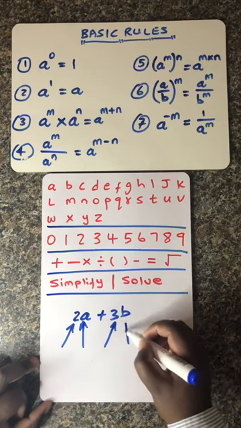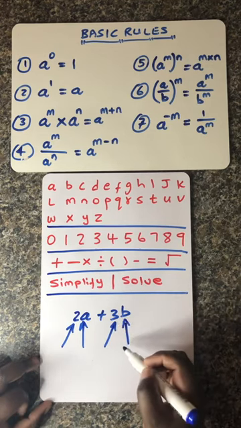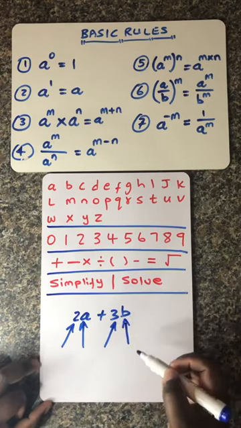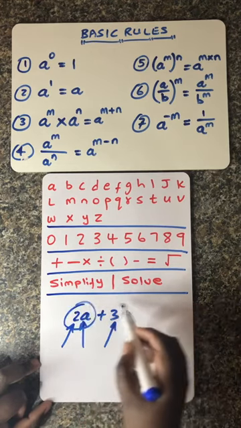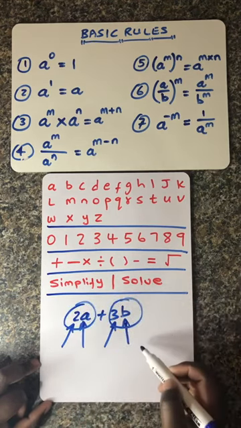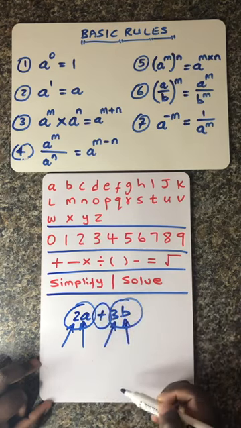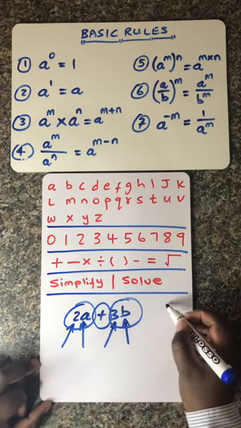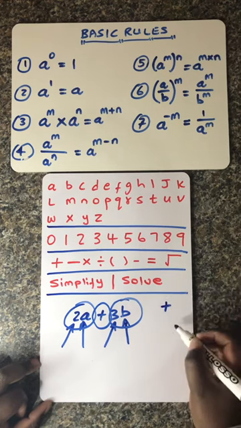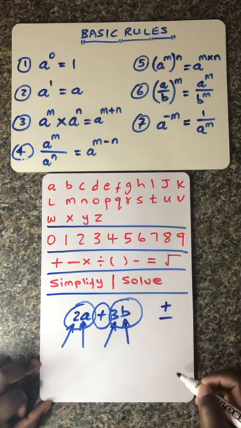Here you've got the combination of 3 and the letter b. Both of these are separated by a sign, in this case a positive sign. So it's either a positive or a minus sign which separates the terms.